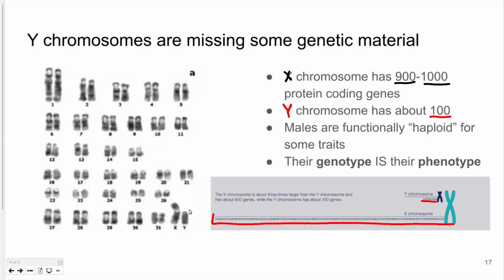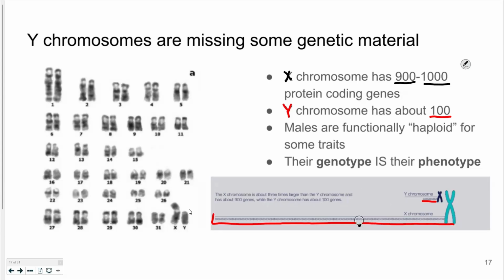So if we're talking about a gene that would occur at this location on the X chromosome, there's no homolog for that allele, right? So males are functionally haploid for all of the rest of the genes that would occur on the X chromosome. There's no homolog for them.